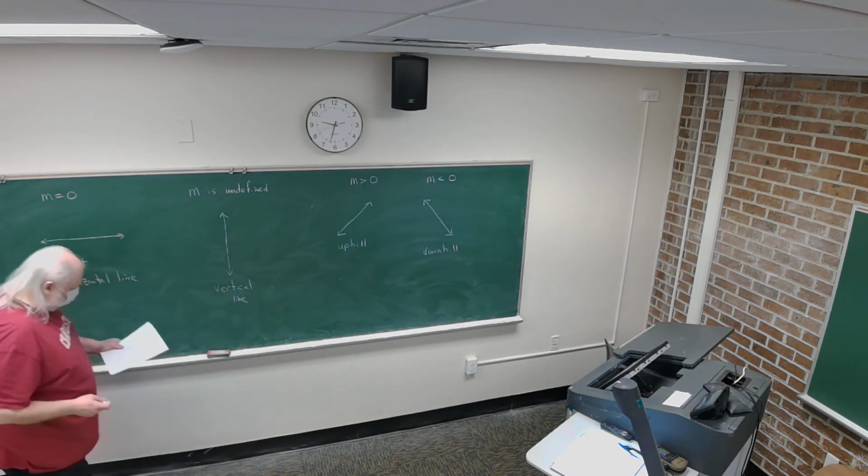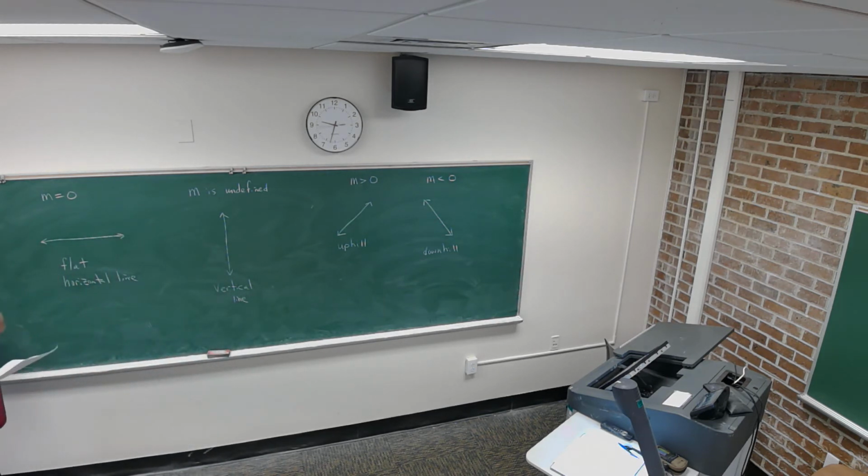As I pointed out, the slope of the line is a measure of the steepness of the line. The greater the slope in absolute value, the steeper the line is.